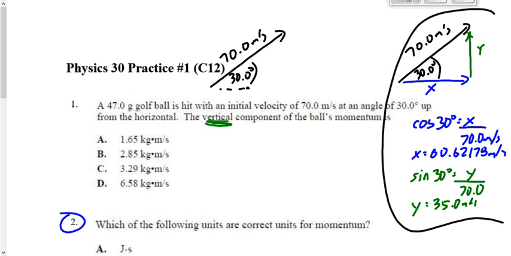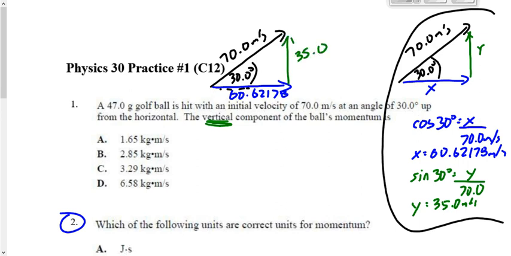I box it off just to indicate that, look, this is just something I'm doing on the side. It's not the main part of the question. Now, what I can do if I want is replace this 70 meters per second with 60.62178, and then the y component is 35.0.